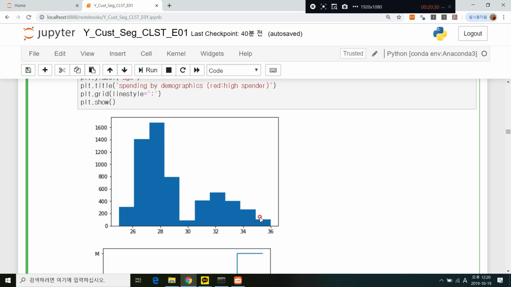And relatively old, they are actually young though, but there are people here around 32 and 33. And there are two different groups. Huh? There is a cutoff point. Interestingly, there are a very small number of people here, around 30.